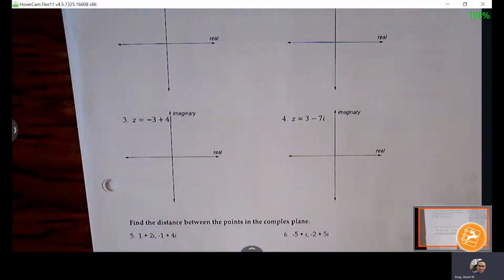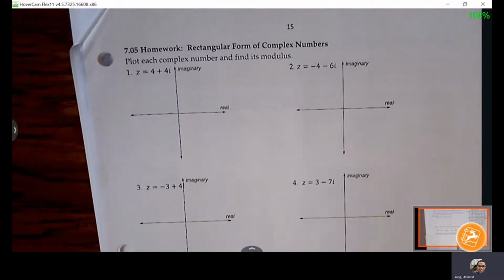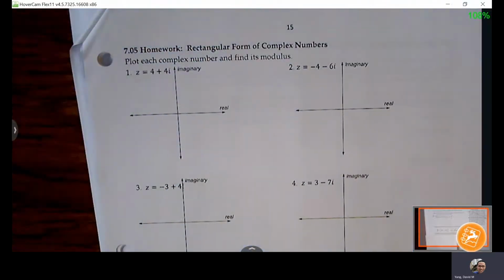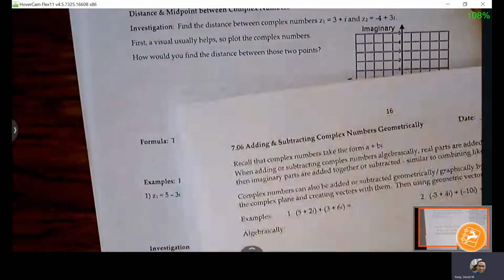Okay, there's one more topic I want to go over, and then we'll go back and review each of the types. Okay, so if you guys can turn to page 16. Everybody good so far? Okay, page 16.